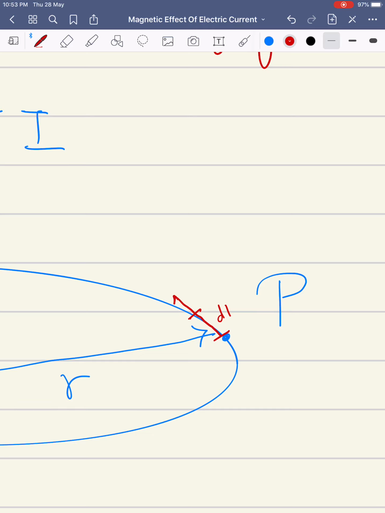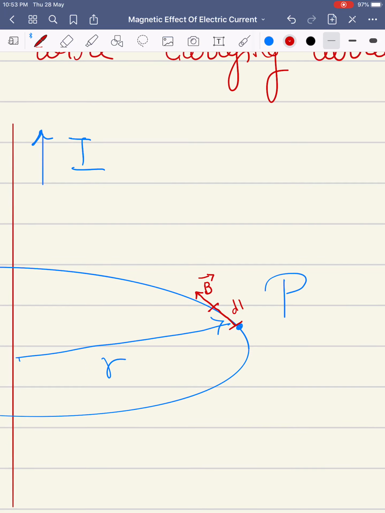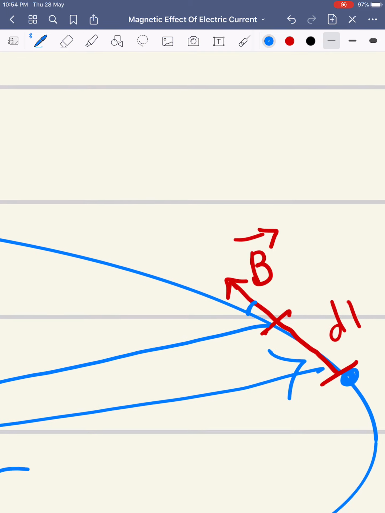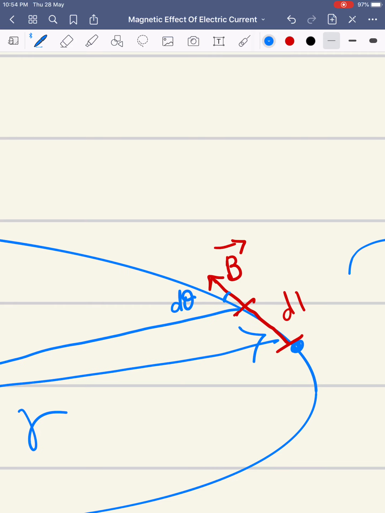The tangent at the point gives the direction of the magnetic field. This length dl makes a very small angle, which we call d theta. Can I say the same angle will be made by the tangent at the point? So this small angle will be equal to d theta only, the angle which the magnetic field makes with respect to dl.